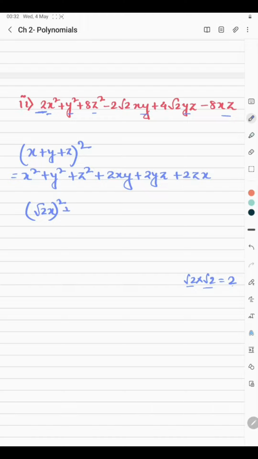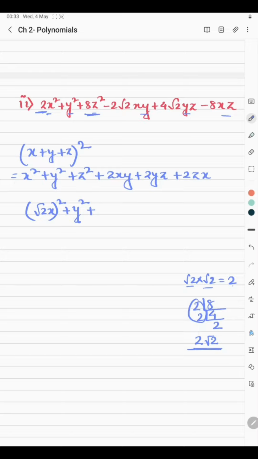And this y square plus 8z square, 8 can be written... If you find the factors of 8, 2 4s are 8, 2 2s are 4. So from the pair of 2 2s we can take one 2, and since the other is not in a pair, we will write root 2. So that means 8 can be written as 2 root 2.